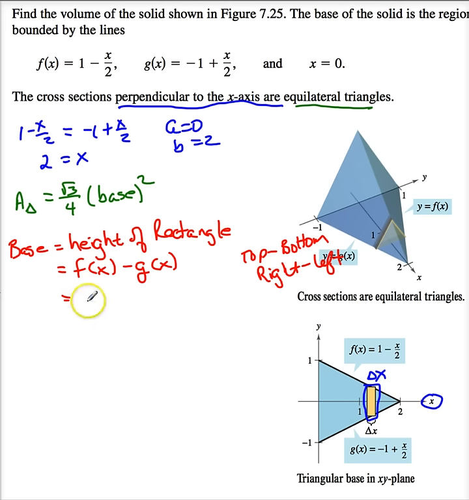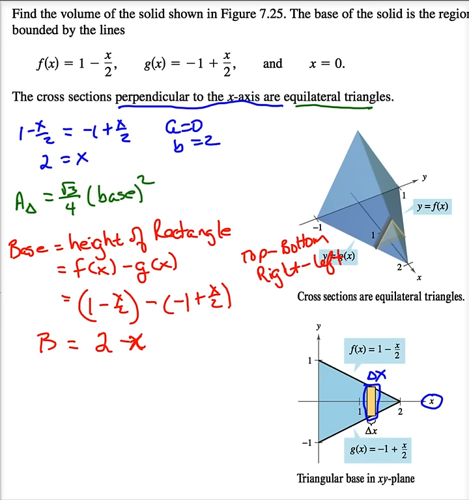So in this case, the base is 1 minus x over 2 minus the quantity minus 1 plus x over 2. And so when I distribute, I'm going to get 2 minus x. So I'm just going to put a b here. This is my base, 2 minus x.